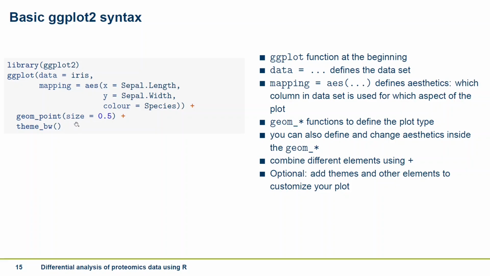And inside this geom function, you can also define and change some of the aesthetics. For example, here I set the size to 0.5 for the dots. And then you can add other things, for example, the theme. This is the overall appearance of the plot. And as you can see, these elements of the plots are simply added with a plus sign.